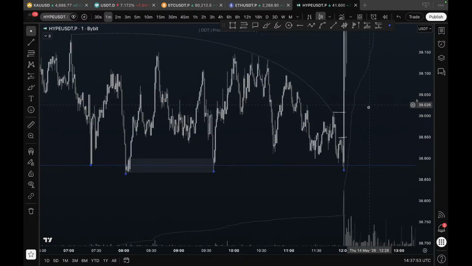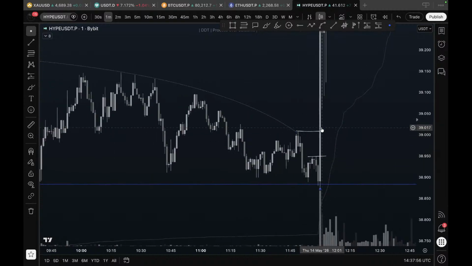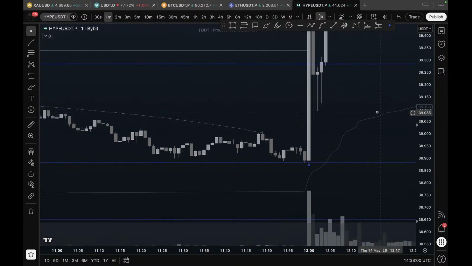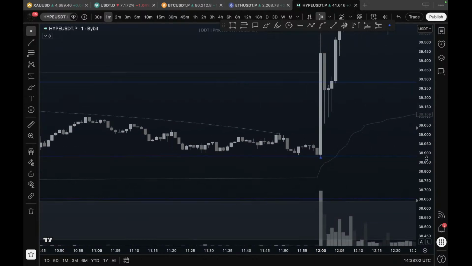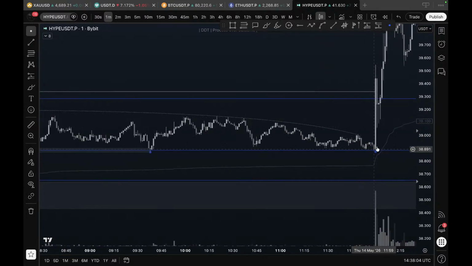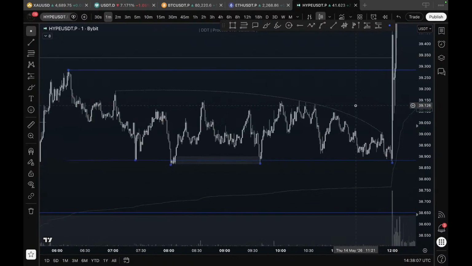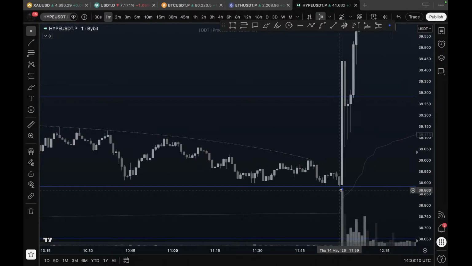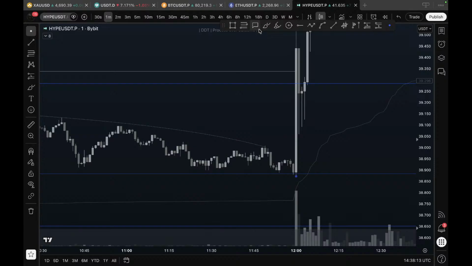But yeah, getting in was super hard. Probably the first moment if you were on the 1 minute. Even if you were watching the model and wanted to enter on confirmation, like this 1 minute candle, your entry you want to be here or here, but in 1 minute.